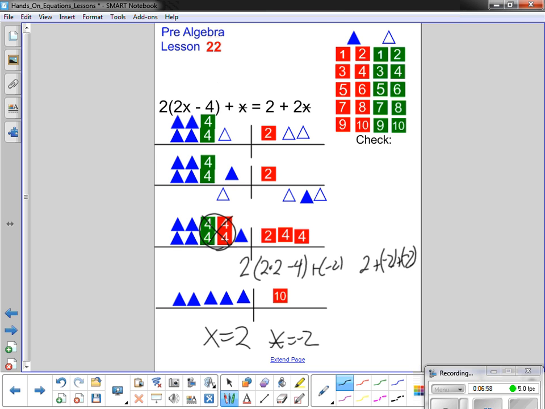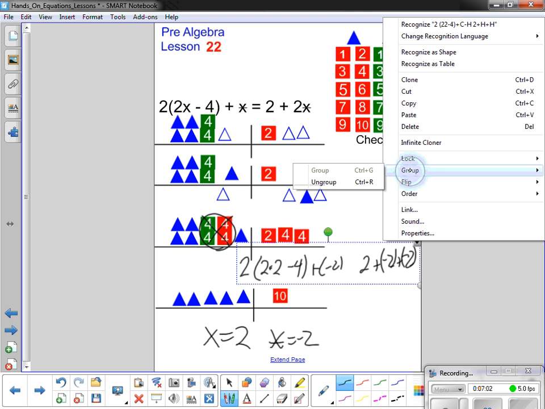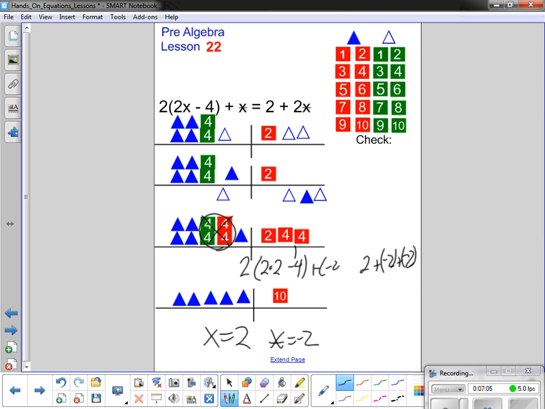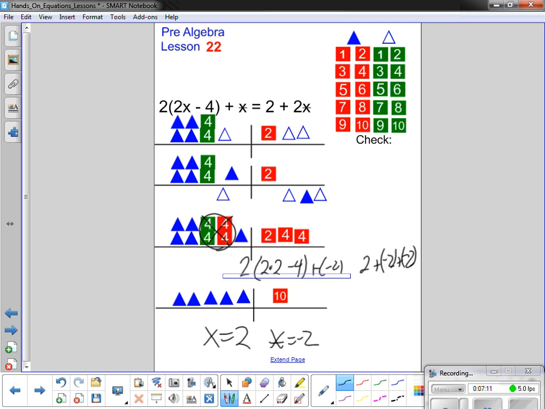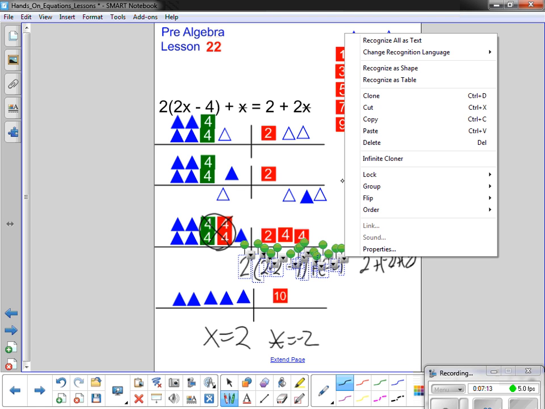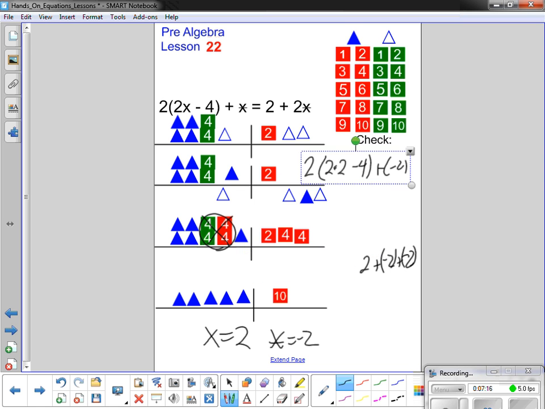So on this side, let me ungroup that. So just do this grouping here. I ended up with a number I didn't want. Let's see, if I take care of that, this is 0.